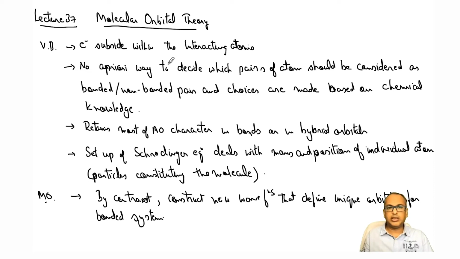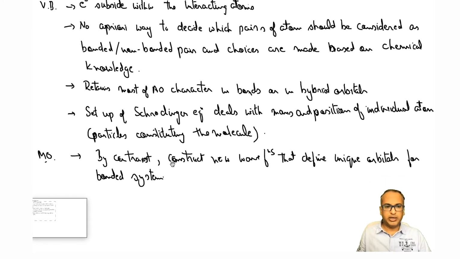This is in contrast to valence bond, where there is no a priori way to decide which pair of atoms should be considered as a bonded pair.